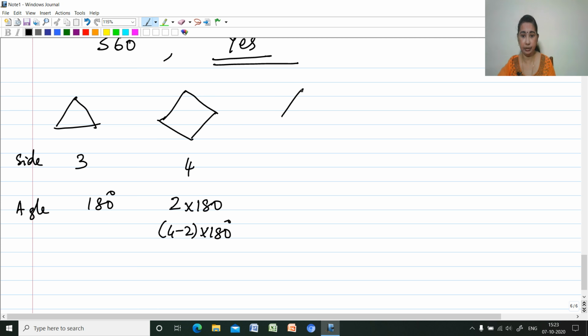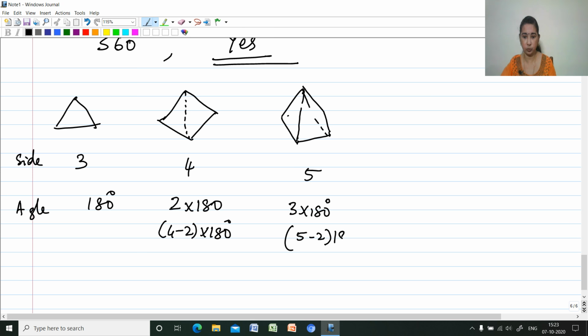And the third one is a pentagon, a five-sided figure, and the diagonals 1 and 2 are drawn. Written here is 3 into 180 degrees, which is (5 minus 2) into 180. The question is, examine the table: each figure is divided into triangles, and the sum of the angles is deduced from that.